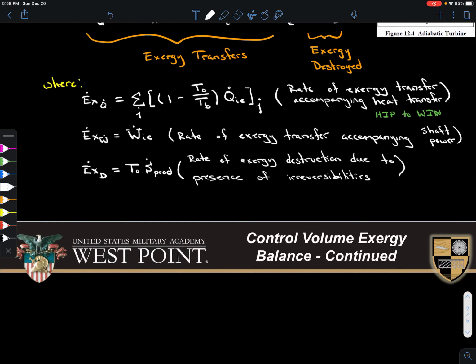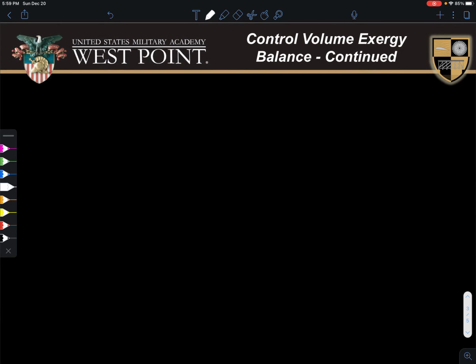So, jumping forward here, continuing that same discussion. The idea of our exergy balance is that it accounts for the destruction of exergy during a steady flow process.